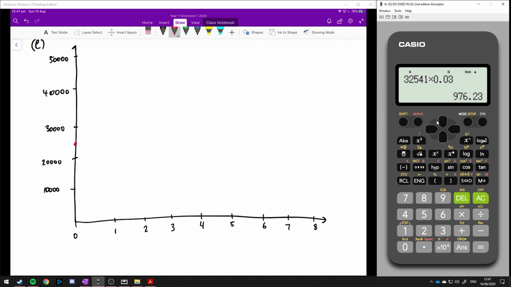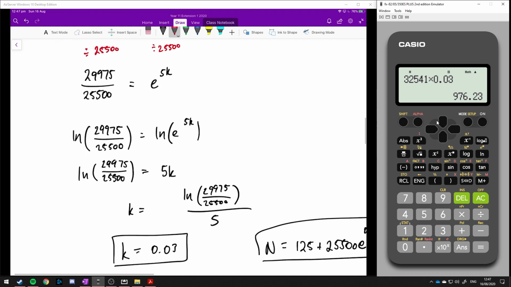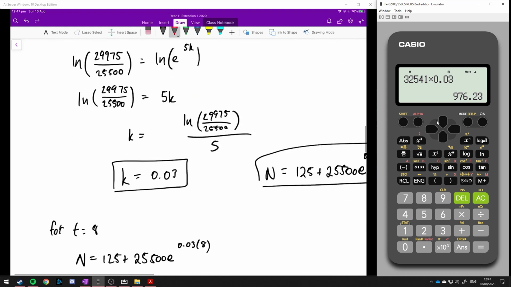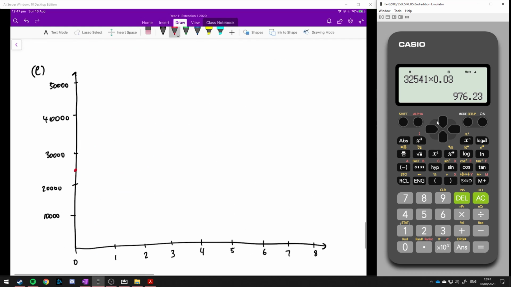We can also work out our 8th value, which at t equal to 8 was 32,541. So at 8 years, it's about here. Because it's exponential growth, it's going to be growing at a rate like that.